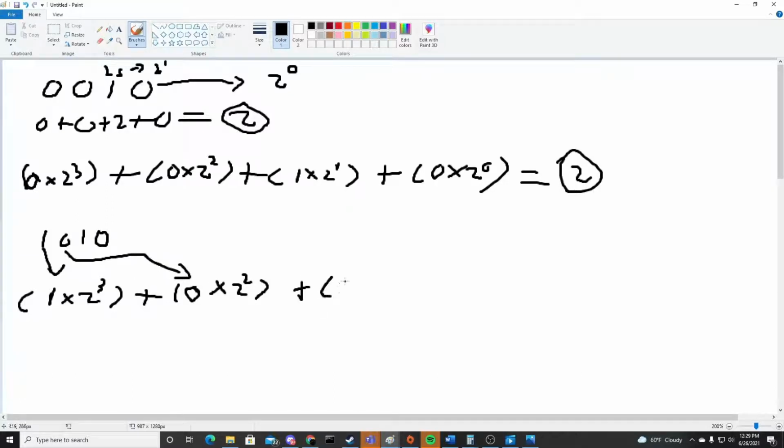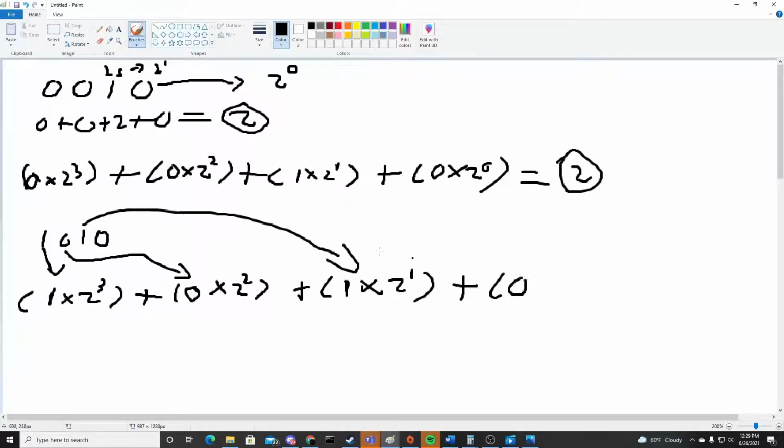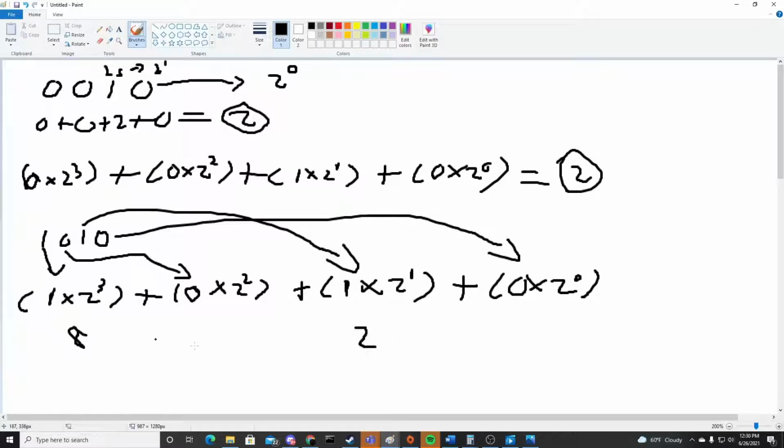Plus 1, since we have a 1 in our 2's place, times 2 to the first. So this 1 is going here. And then plus 0, since we have a 0 in our 1's place, 0 times 2 to the 0 power. So this would go to here. And then again, you would simplify this all out, and you would see that this would end up being 8, 2, 0, and 0. So you add these together, and you get 10.